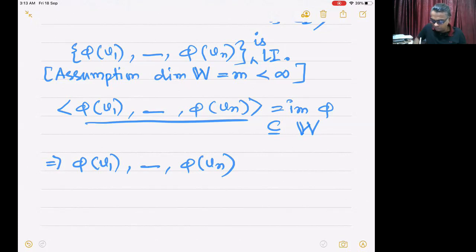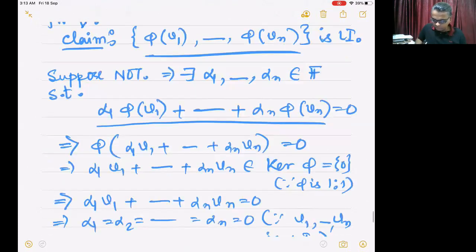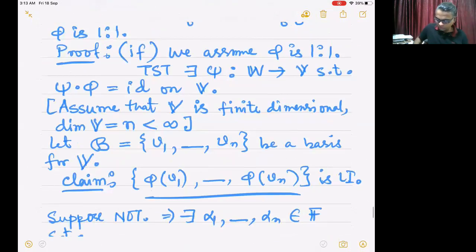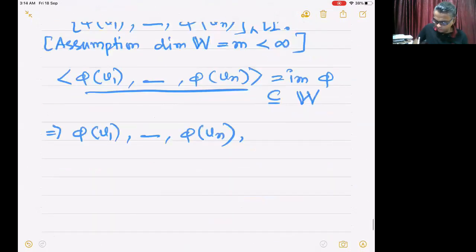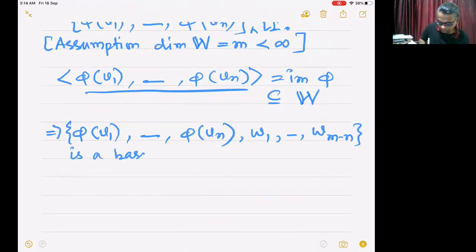So there will be some more vectors. What vectors should I call them? Have I used the vector w anywhere? No, I have not used the vector w. So let me use w1 up to w m minus n, these many vectors, such that this now is a basis for W.